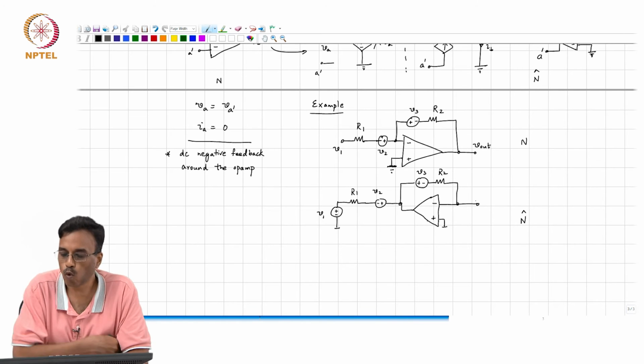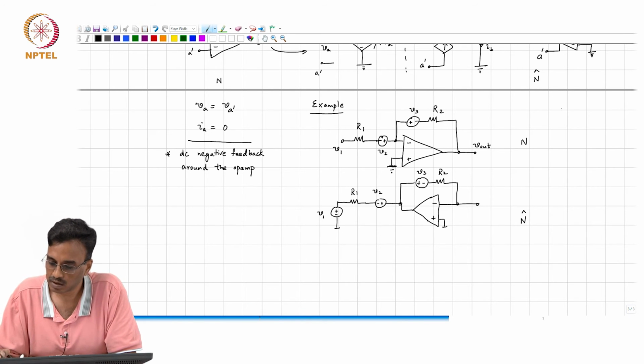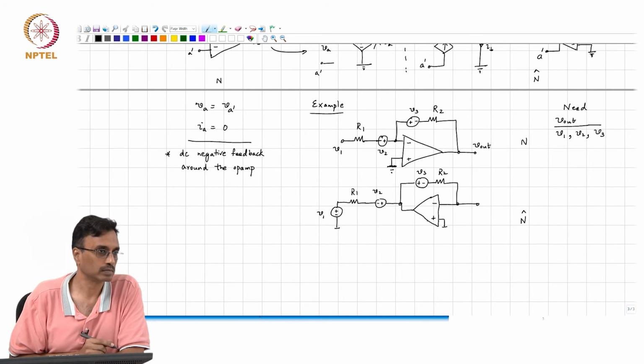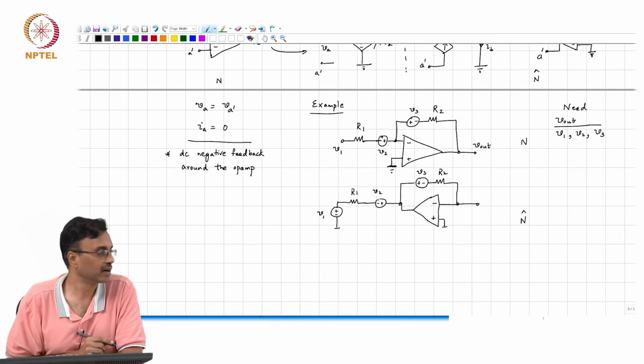We need to find the voltage transfer functions. So, we need V out by V1, V2, V3. What do you suggest we do now? We exploit reciprocity.